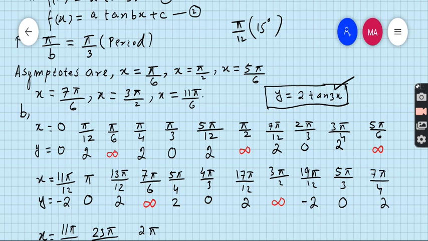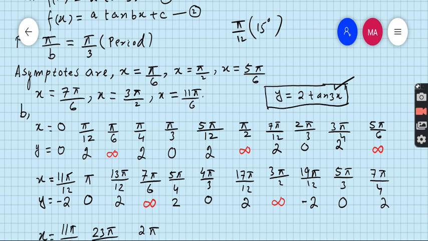Students, a scientific calculator is allowed. So you just write pi by 12 in your calculator and then add pi by 12 each time. You will get 0, pi by 12, pi by 6, pi by 4.